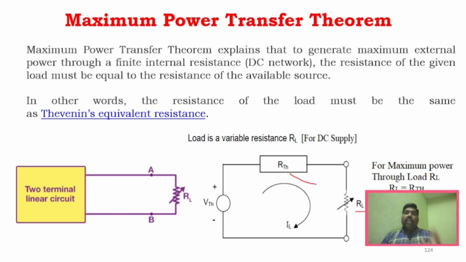That is the concept of maximum power transfer. So here also we have VTH, RTH, and then you'll find RL. We follow the same procedure as Thevenin's theorem. At last, you have to calculate only the power. That is the only difference, right?